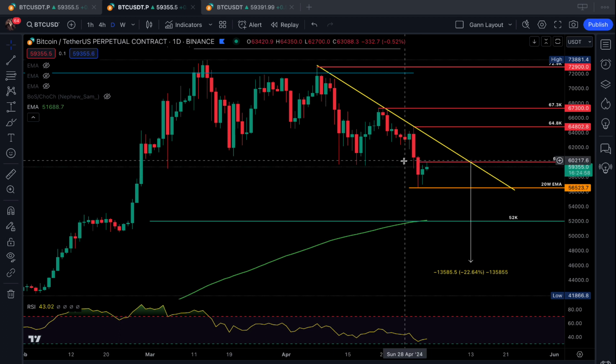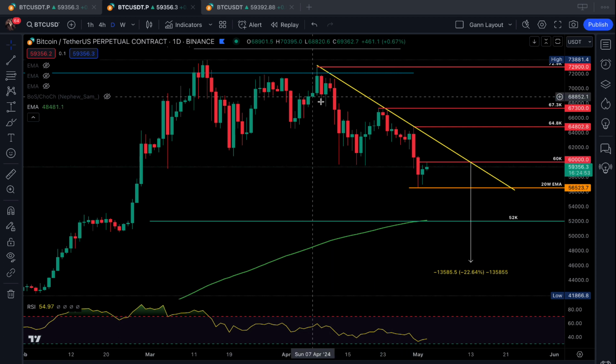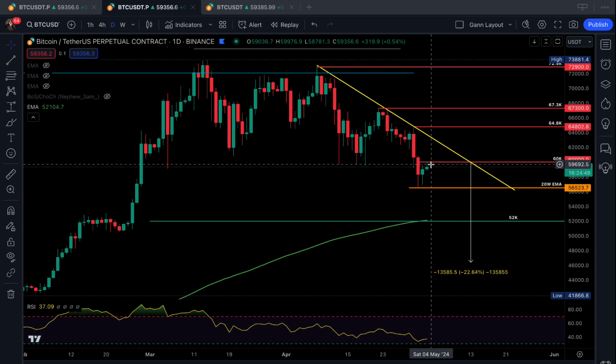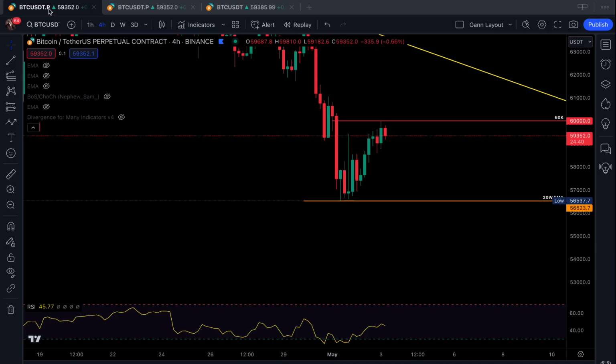If Bitcoin finds acceptance above 60K, it will invalidate this descending triangle. But if it gets rejected from the 60K mark, it will corroborate, or give confluence for the bearish scenario.